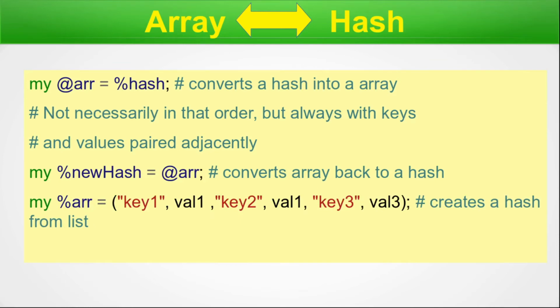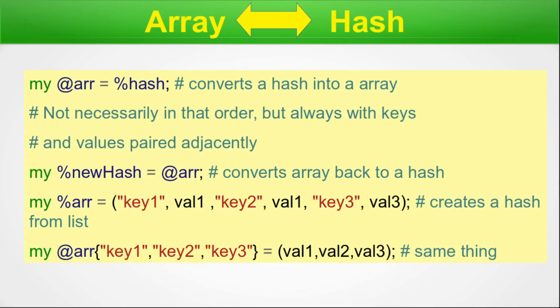So if we write my %hash = (key 1, value 1, key 2, value 2, key 3, value 3), this is an explicit array, right? And the left is a hash. So it creates a hash from the list. It's an explicit example. Earlier was an implicit example.